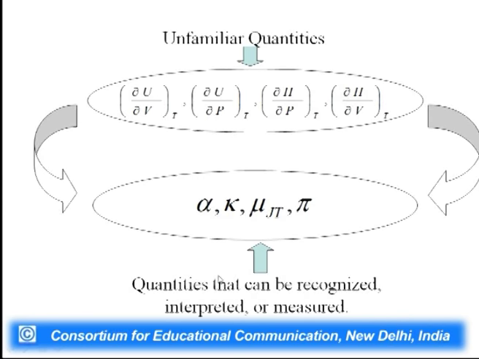So now we can express these unfamiliar quantities in terms of alpha, the thermal coefficient, kappa, the isothermal compressibility, the Joule-Thomson coefficient, and the internal pressure.